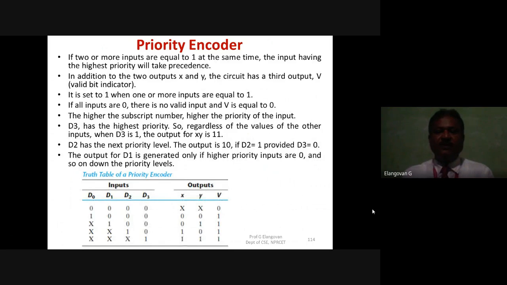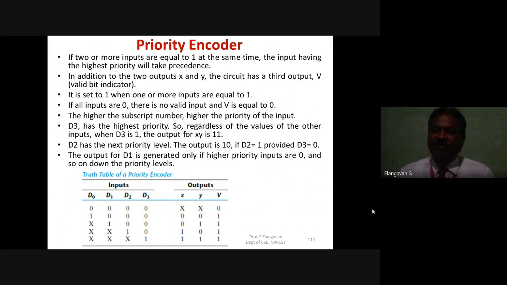Look at this: D0, D1, D2, D3. Here D3 has the highest priority, and D2 has the next priority level. As long as D3 is 0, the output responds depending on the D0, D1, D2 values.